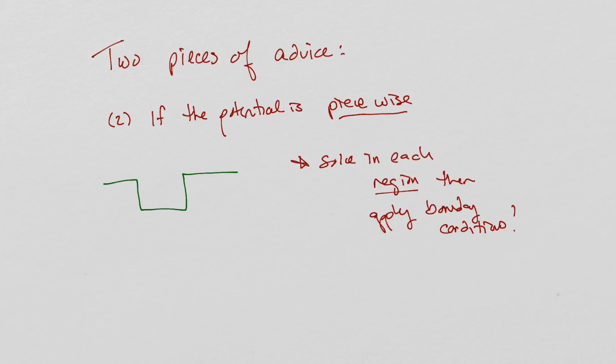Anyway, my second piece of advice is if the potential is defined piecewise, that is, if one region is this and one region is that and one region is that, it's best to actually solve the differential equation in each of these regions independently. And then I can get algebraic constraints from matching the fact that the wave function has to be continuous across the boundaries.